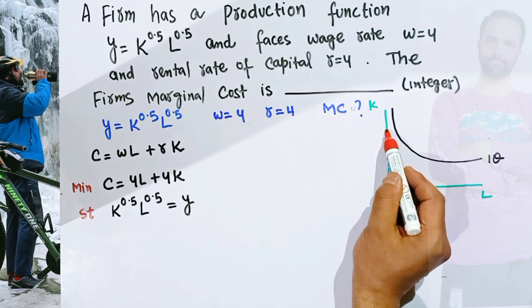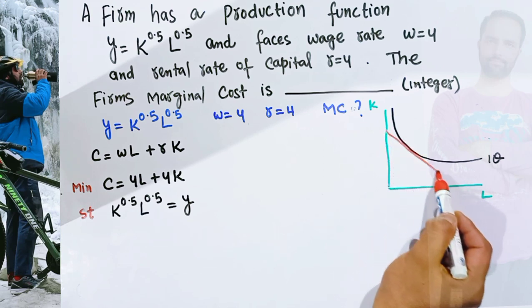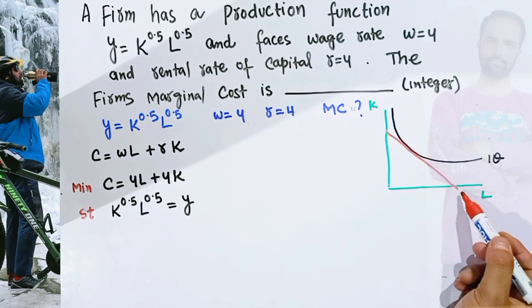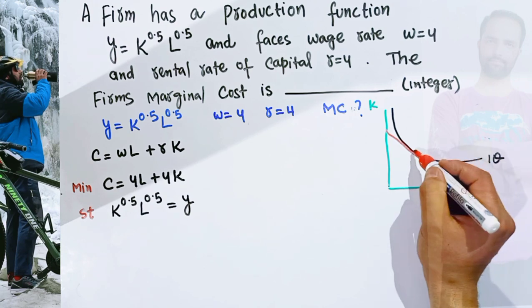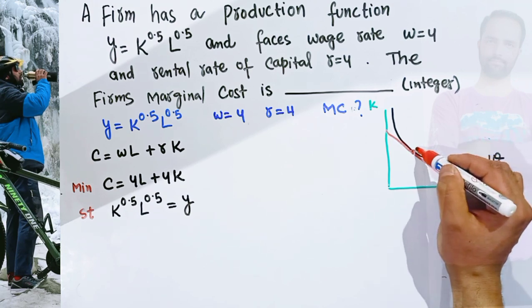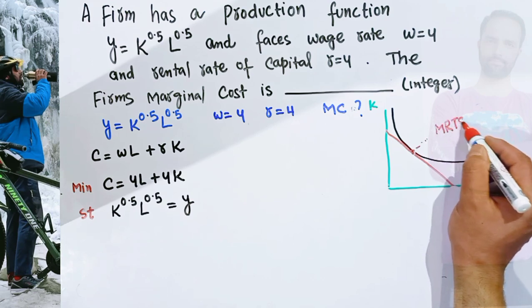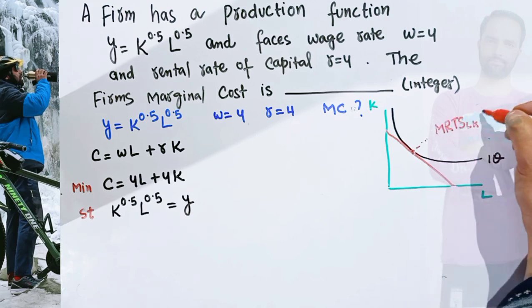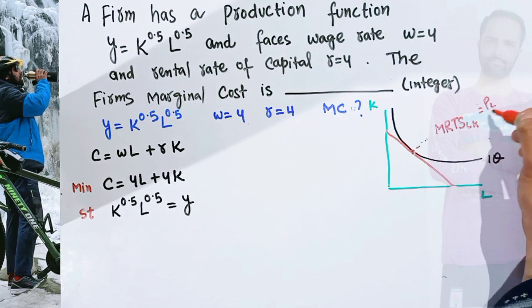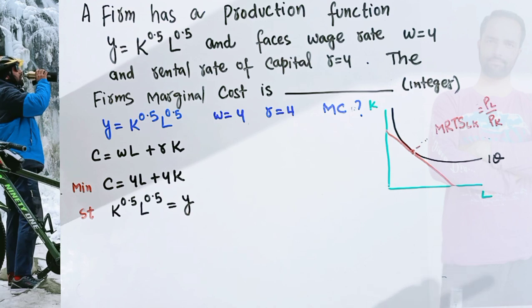That means our cost will be minimized where the isoquant and isocost lines are tangent to each other. This is the point where the marginal rate of technical substitution between labor and capital is equal to the ratio of the prices, that is price of labor upon price of capital.